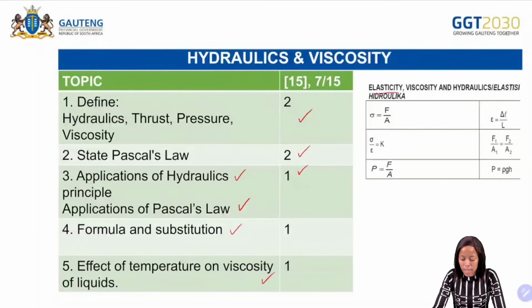We find them under elasticity, viscosity, and hydraulics. Those will be your formulas for this topic. Again, you can collect about 7 marks from the definition, the application, and the formula.